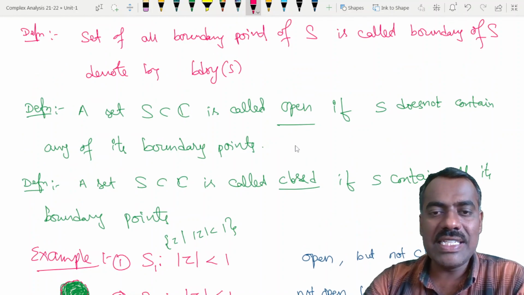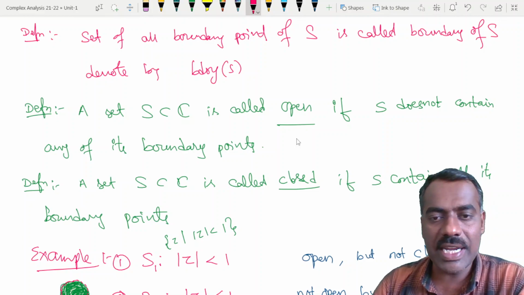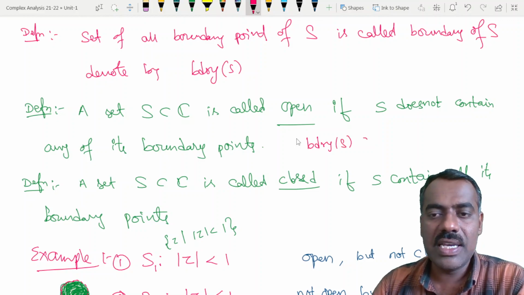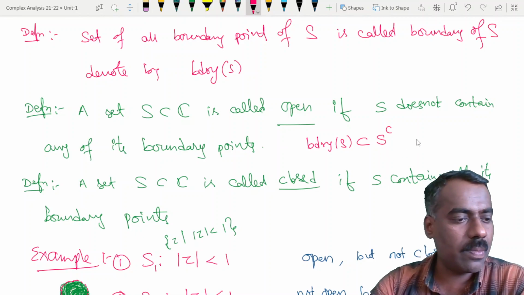If you write this in terms of boundary notation, this S does not contain any of its boundary points. That means every boundary point of S is completely contained outside of S, that is, in S complement.